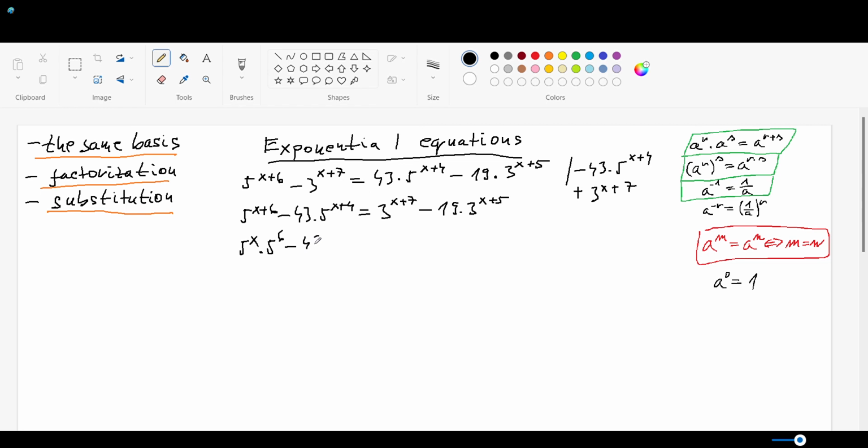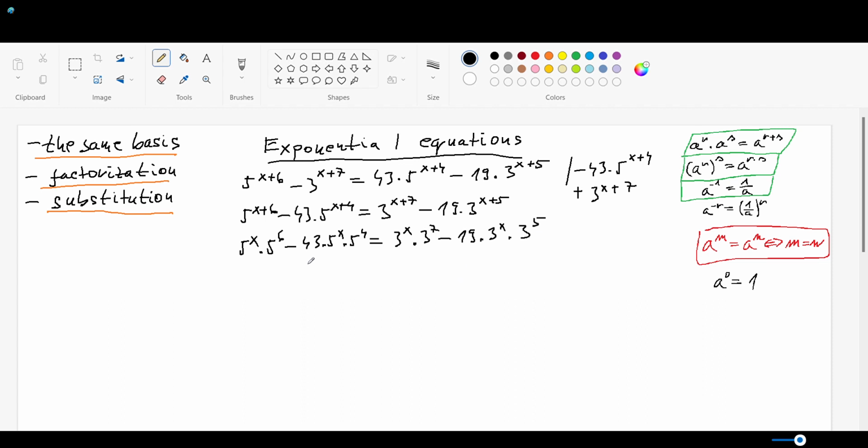Then it's going to be 43 times 5 to the power of x times 5 to the power of 4 is equal to, and we do the same thing on the right side, 3 to the power of x times 3 to the power of 7, take away 19 times 3 to the power of x times 3 to the power of 5.